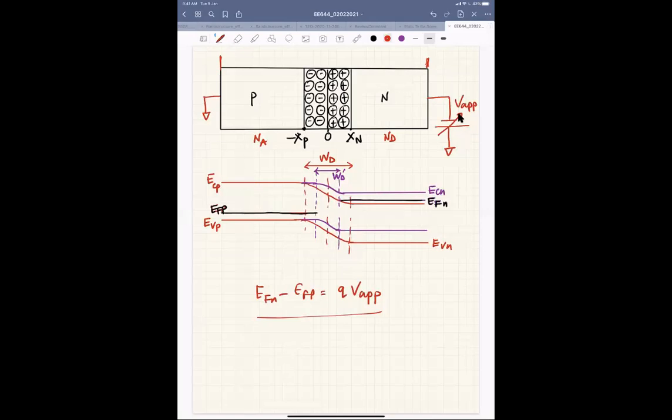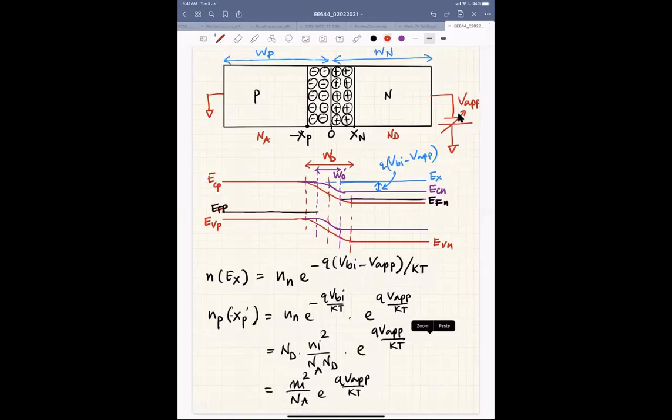So EFN minus EFP is Q times the applied voltage, right? So the Fermi levels will split. Again, these Fermi levels are not actually real levels, they are fictitious levels. Similarly, the quasi Fermi levels are there just to explain things, to model the current, but those energy levels do not exist, right? So EFN minus EFP I could also write as Q times VR. Quasi Fermi levels.